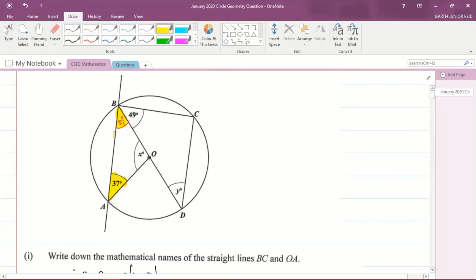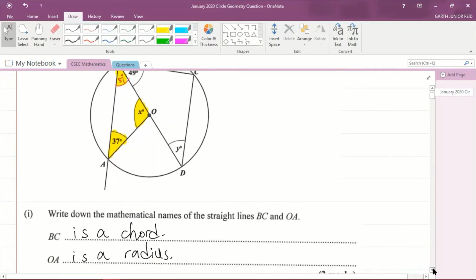Well, if I add those two angles together, plus this angle X that we don't know, when we add those up we are supposed to get 180 degrees. The sum of all the interior angles of a triangle is 180 degrees. So we can use that to help us.